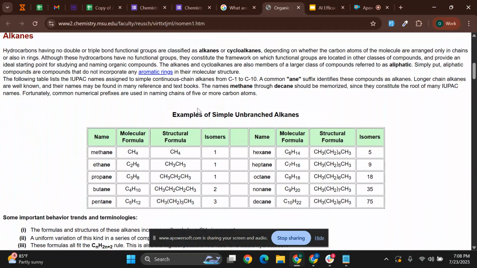Hydrocarbons having no double or triple bond functional groups are classified as alkanes and cycloalkanes, depending on whether the carbon atoms of the molecule are arranged only in chains or also in rings. Although these hydrocarbons have no functional groups, they constitute the framework on which functional groups are located in other classes of compounds and provide an ideal starting point for studying and naming organic compounds.